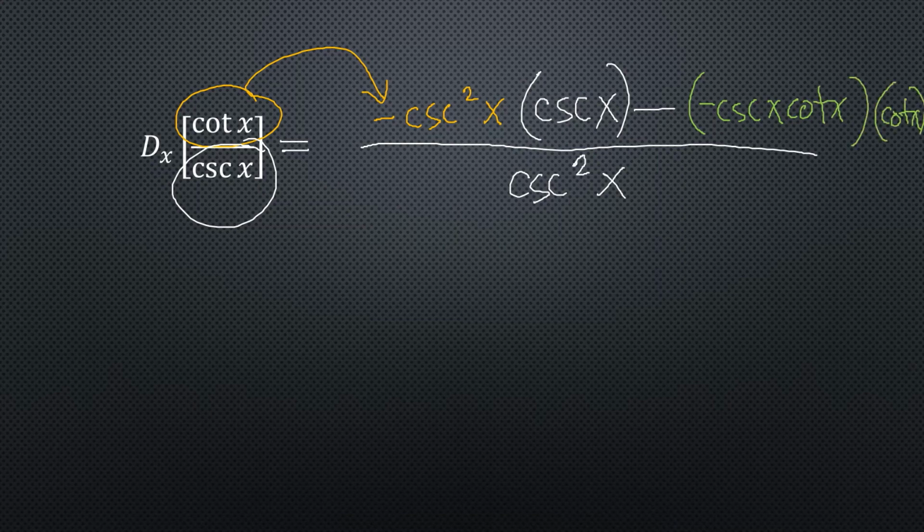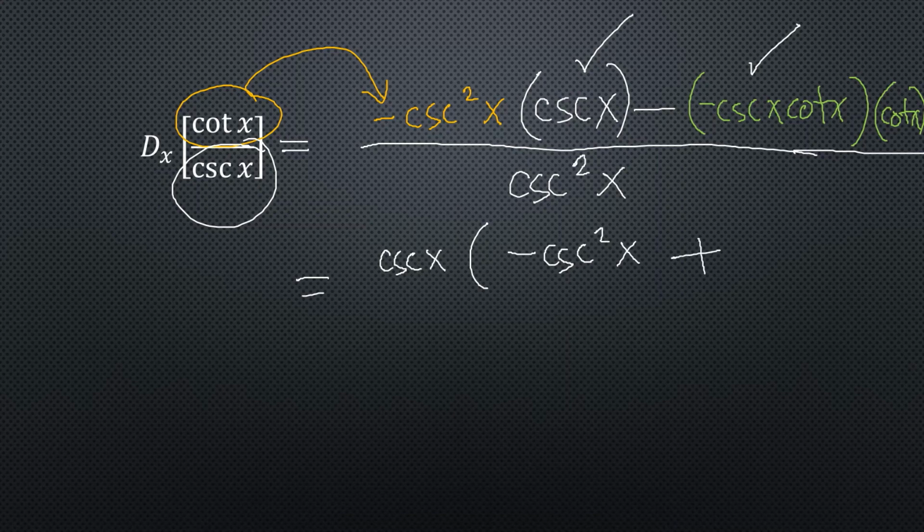Now we can observe if there are like terms here. Pareho silang may cosecant x, right? So pwede natin ilabas ang cosecant x. So we have cosecant x factored out times negative cosecant squared x plus, kasi this is minus and minus, so you can have positive as the final sign.